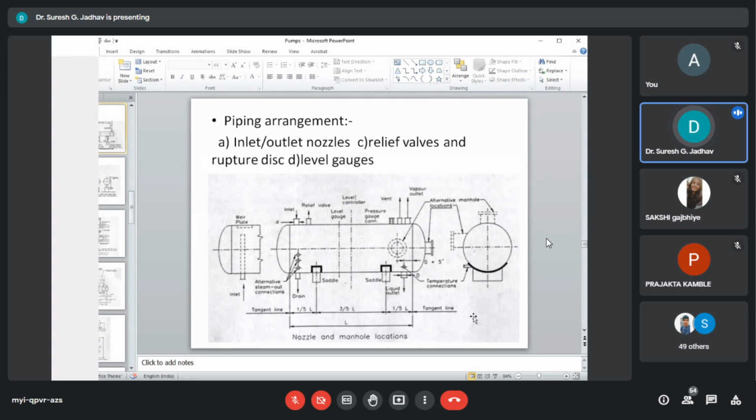Location of associated equipment around the vessel also influences the nozzle orientation. The liquid outlet should be located towards the nearby pump section. The elevation of the vessel should be such as to provide the required net positive suction head.